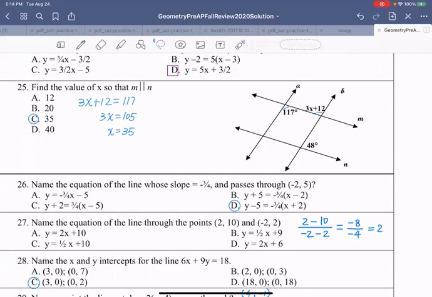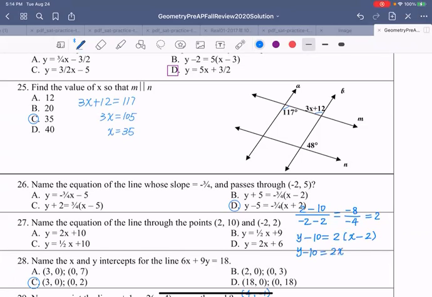And then point-slope format: y minus y1 equals the slope times x minus x1. There you go. Correct. So y minus 10 equals 2 times x minus 4, right? Y equals? Y equals 2x plus 6. There you go. Okay, very good.